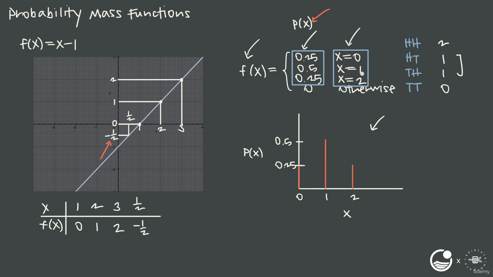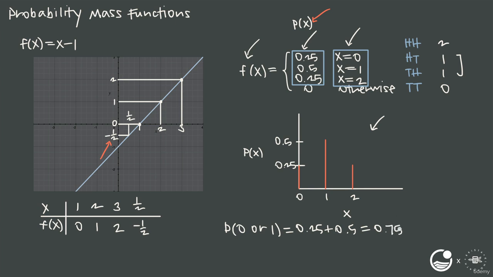But we should also be able to find the probability, let's say, that x is equal to 0 or 1. We know from the addition rule that the probability that x is equal to 0 or 1 has to be 0.25 plus 0.5.